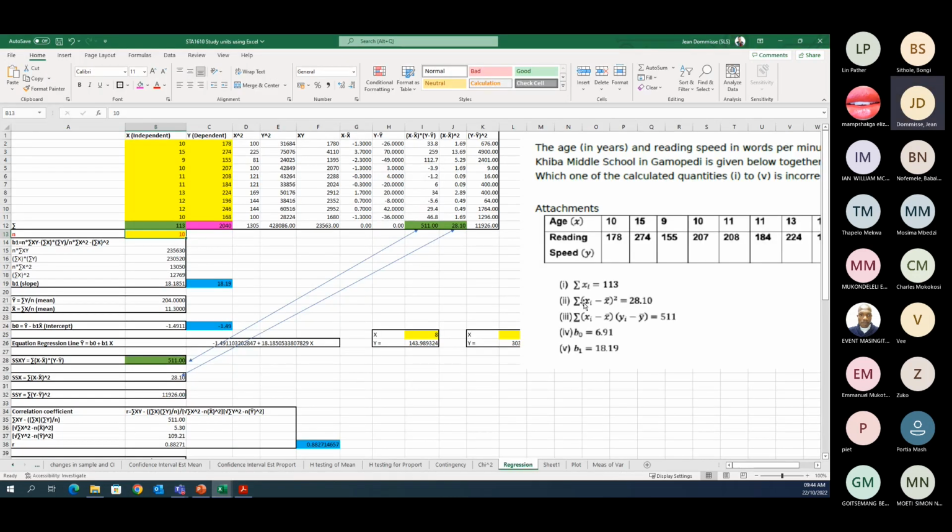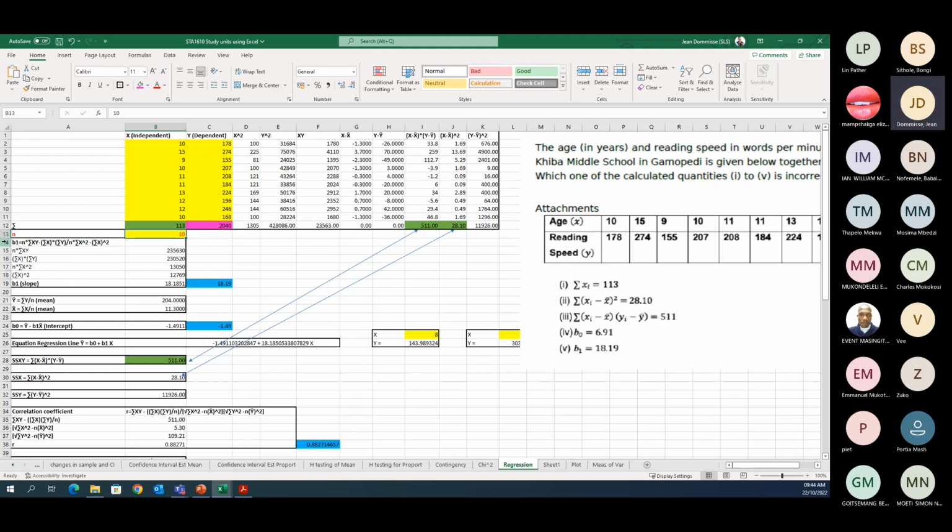Okay, so let's look at what else they give us. They ask us to work out the sum of the X's minus the mean, and then you take it to the power of 2. Let's work that out, but first I just want to see if somewhere the mean has been calculated here.